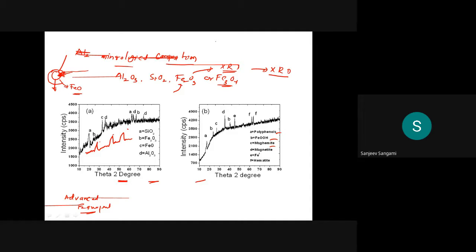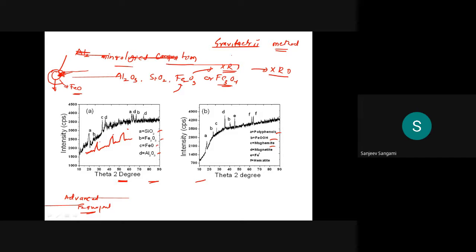Even in the environmental lab, we can do this gravimetric method of determination of chemical composition. You can determine SiO2, Fe2O3, FeO, and Al2O3.